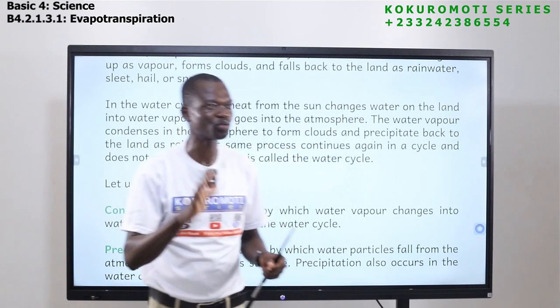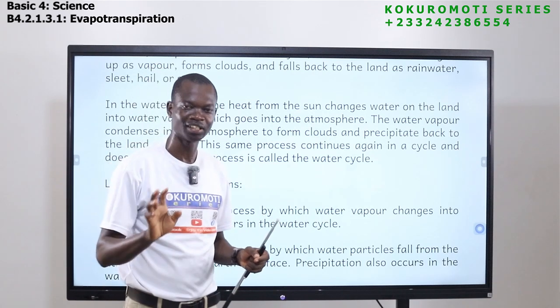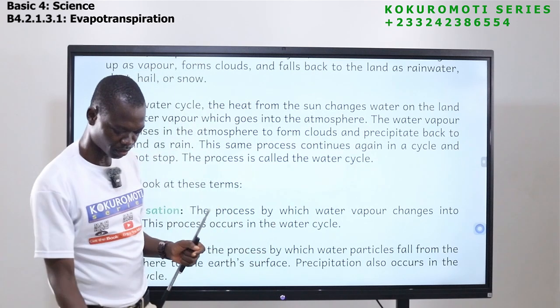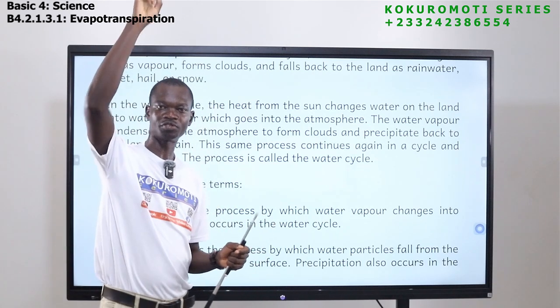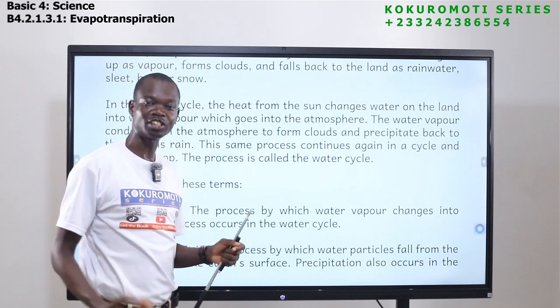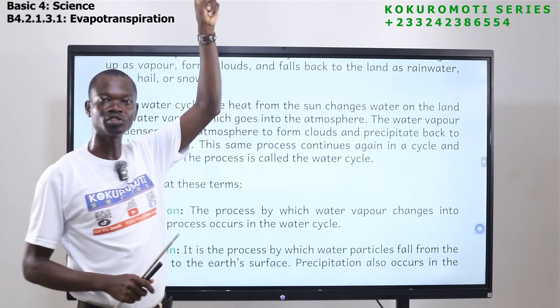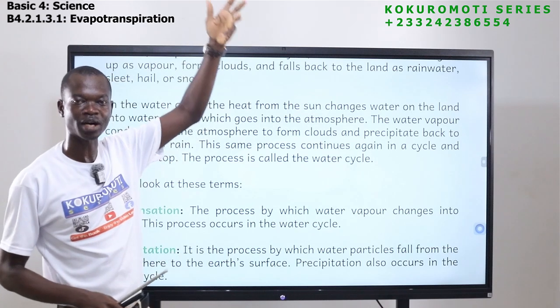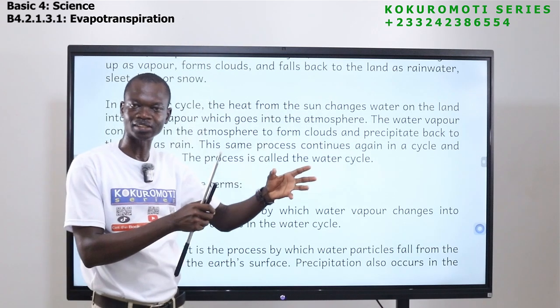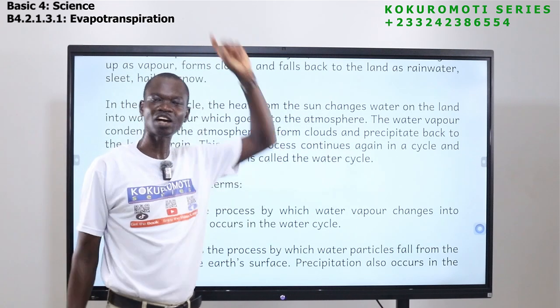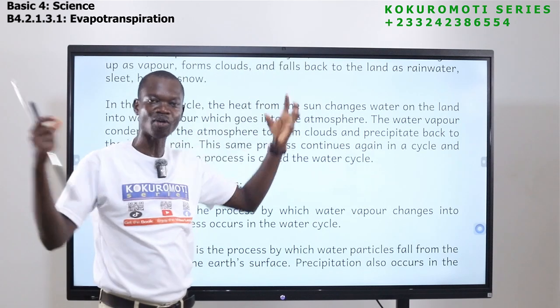So anytime you hear about water cycle, don't worry, it's just water moving from the surface of the earth to the atmosphere in the form of vapor. When it is going in the form of vapor, water vapor, we don't see. But when it gets to the atmosphere, it changes from water vapor into tiny water particles. They come together. So the clouds that we see, they are what?